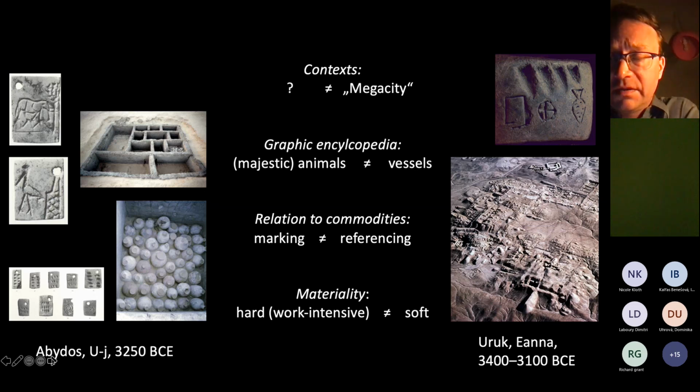In Uruk, you have signs that reference commodities. Whereas in Egypt, you have signs that do not reference commodities, but instead are marked directly on those commodities. And finally, the materiality is also as different as could be, because in Uruk you have clay, whereas in Egypt you have hard materials which are work intensive, and that means something as well.